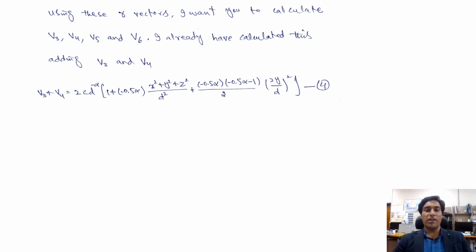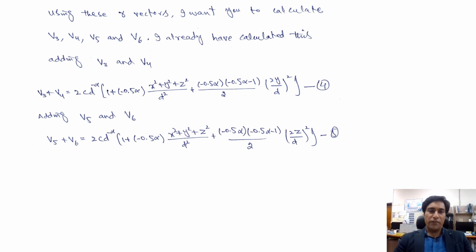So why is there a y? Because V3 and V4 belong to the point 0 plus minus d 0. So plus minus d is in the y-axis.